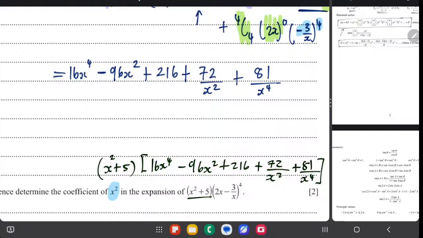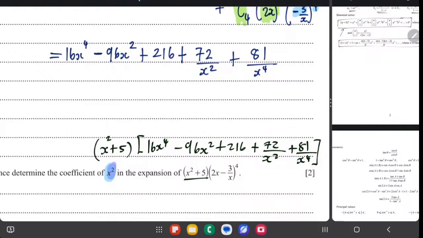Now, we are only interested in the things that will come out with an x squared. Do you get it? Because that's the one we want coefficient of. So how do we get x squared when this x squared multiplies this bracket? Who do you have in this bracket who will multiply by x squared and come out with an x squared? 216.